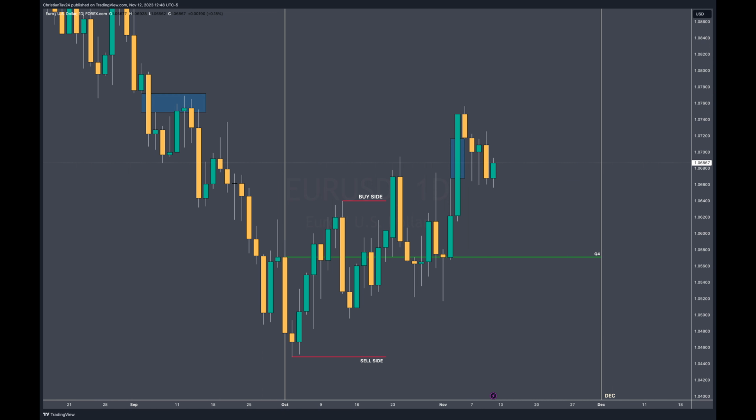And once it failed to break below there, then that quarterly open level was the one that I was actually just looking at. And once Euro USD propelled right off that level really accurately, in my opinion, it ran straight for that previous high set around that 1.0660 level.